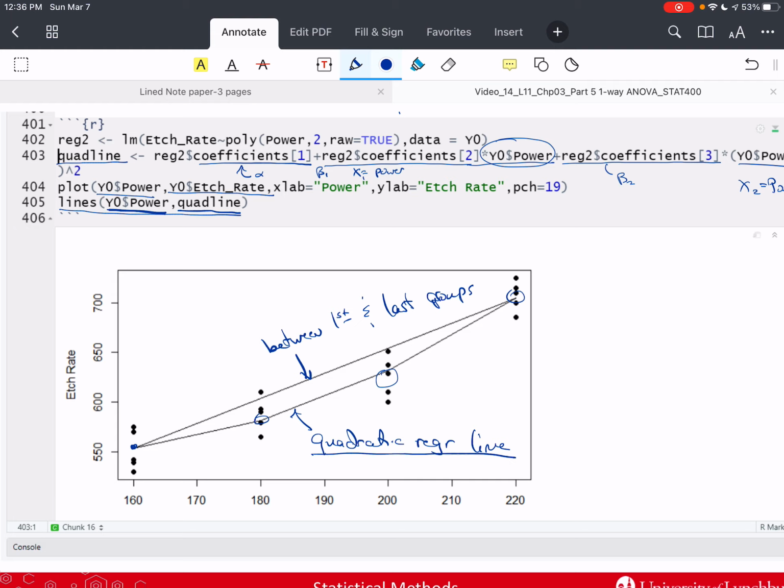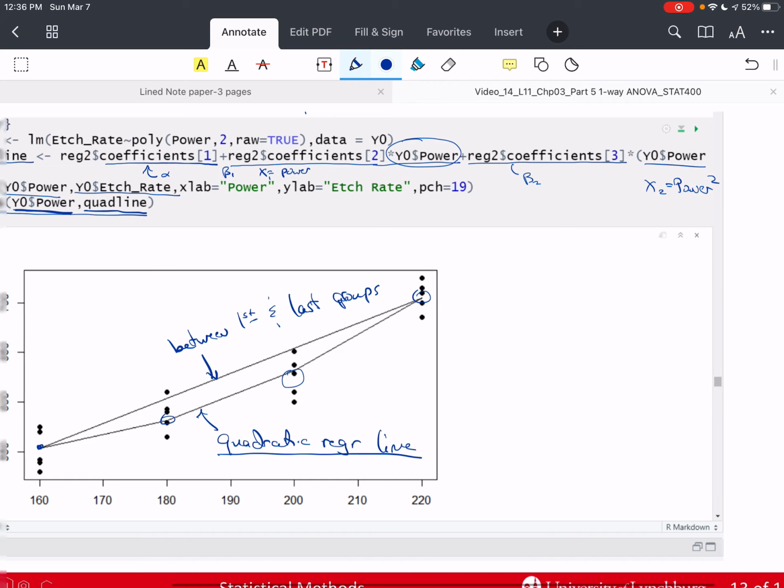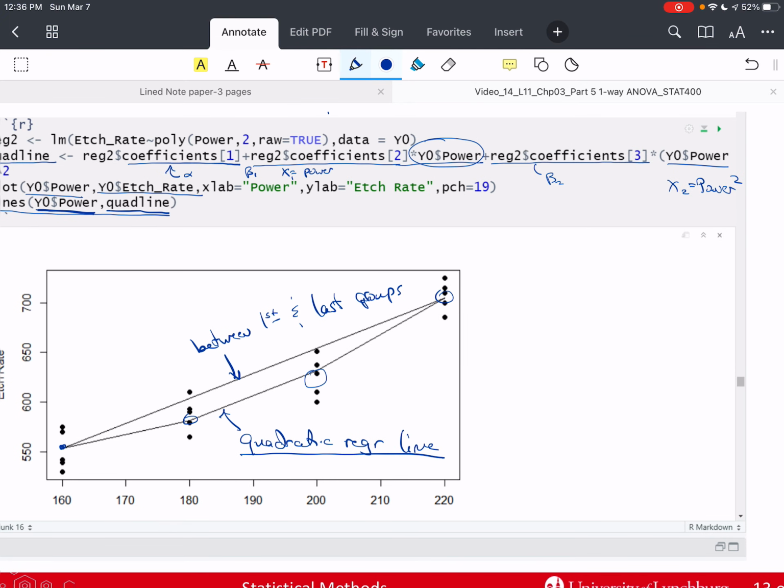So this shows you the deviation between just a fit between the first and the last and the quadratic line. And you'll notice that all of these are much closer to the center if you're looking at this bottom line here, that all the points there are now much closer to the center. So that tells us that the better fit would be a quadratic. So that would be a better fit than the linear equation we have.